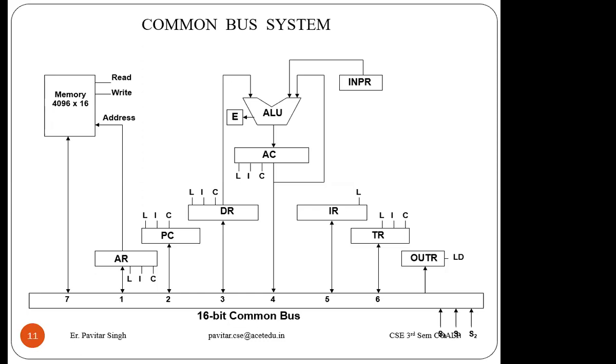See the diagram: by enabling the load input of accumulator, because this time accumulator wants to read the data from the DR. So simply by enabling the L load input of the accumulator, DR will be sending the data to the accumulator.